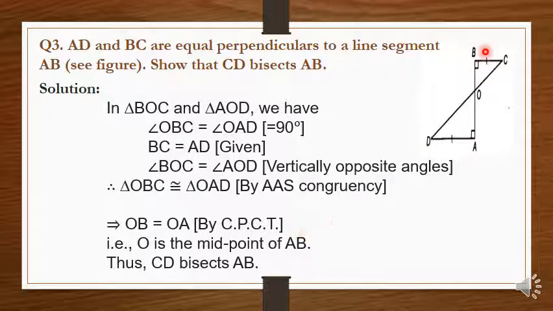Now, since in a straight line AB, O is at such a point that OA equals OB, that means O must be the midpoint. So we can conclude that O is the midpoint of AB. If O is the midpoint, therefore CD is actually bisecting AB at O.